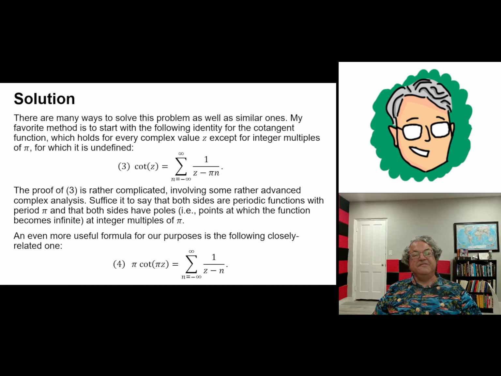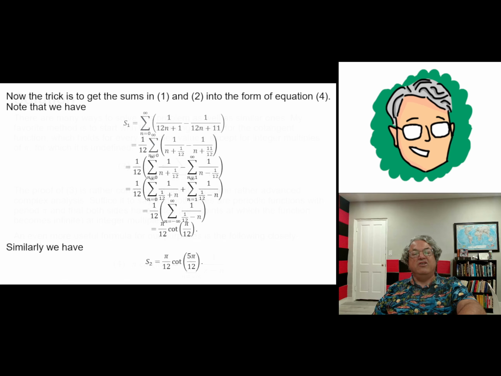If we plug in 1/12 for z, you get pi times the cotangent of pi over 12. But don't forget we have to divide by 12 because there's a factor of 1/12 in front of this whole sum. So finally, we get S1 equals pi over 12 times the cotangent of pi over 12.